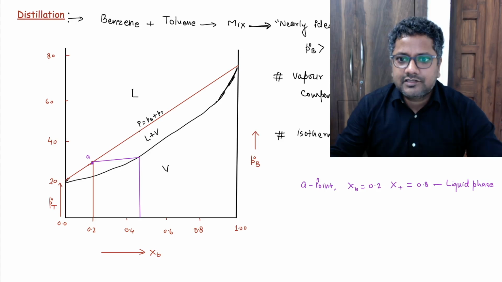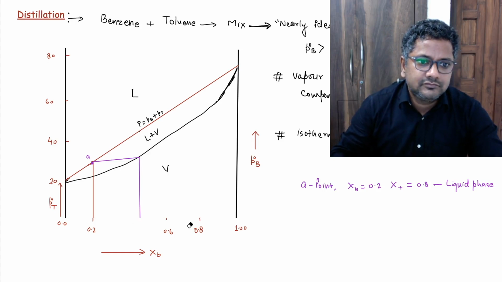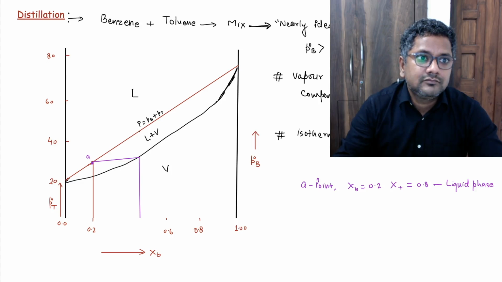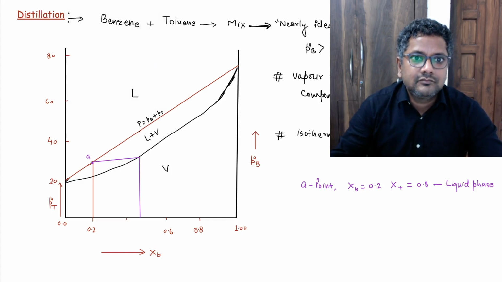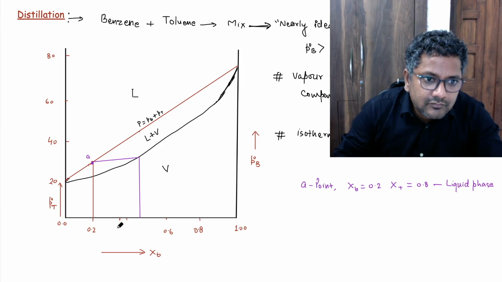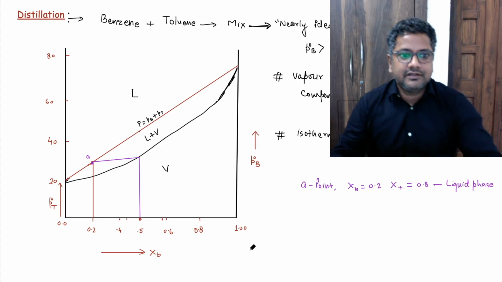So corresponding to point 4, and this point I am taking as 0.5 basically, so that the calculation will be easy. This is 0.5, this is 0.4, and this is 0.6, right?